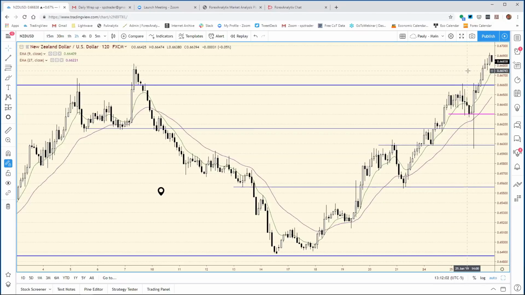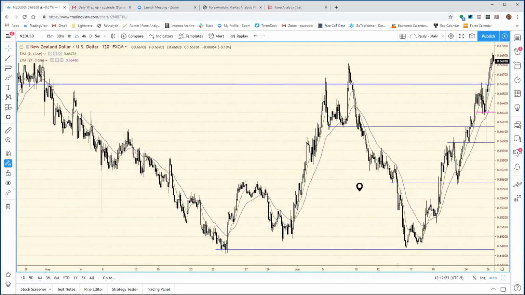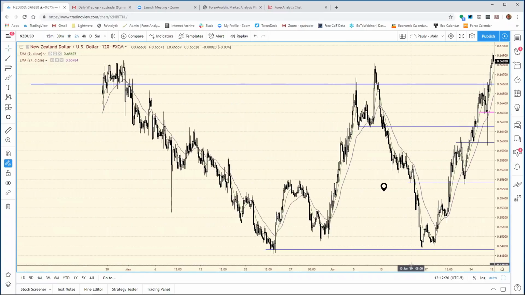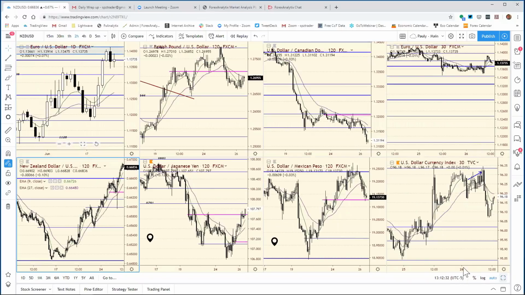I saw that from an analyst, a very good analyst, and that was her take. The weird thing is that although they held, you could see that the statements were relatively dovish, but the market still has kept on pushing higher here in the Kiwi. So it probably looks like we will eventually make it up to this 67 cents before the market is happy with that. I've got a level here at 67.09, so not that we're that far away.